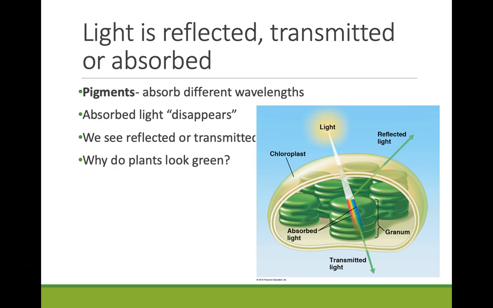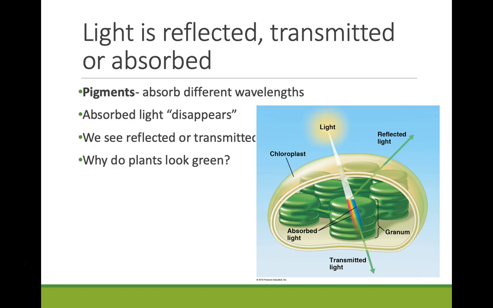So different pigments absorb different wavelengths. The pigment that we are going to focus on is chlorophyll. There are a couple of different types of chlorophyll, and there are other pigments that are involved in photosynthesis, but we're going to focus on chlorophyll. The reason that we see plants as green is that the chlorophyll reflects the green wavelengths.